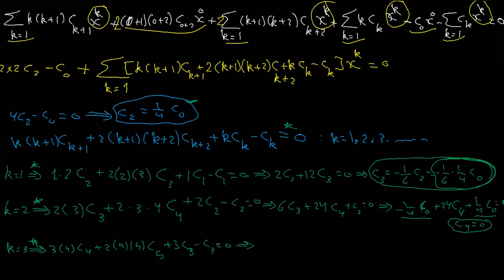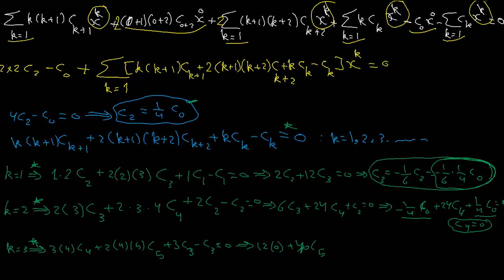That will give me now 3 times 4, it is 12, and your C4 is 0. Great. Plus 2 times 4 times 5, which is 40. So 40 C5.